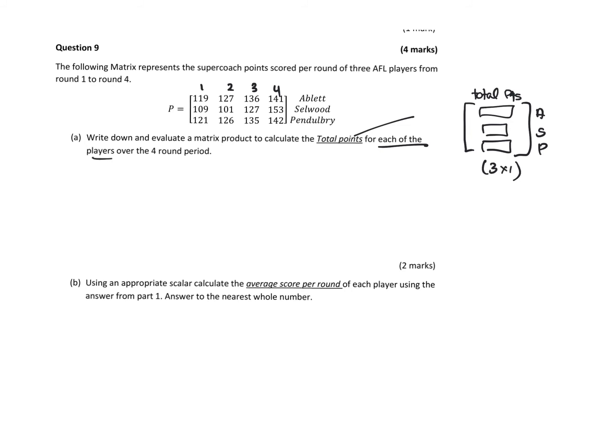And if you look at it, sometimes the rows are the players. So when you do a matrix, because they want a matrix product, that means a multiplication. Now I want those rows, so I'm going to go with this matrix P first. And this matrix P is a 3 by 4.